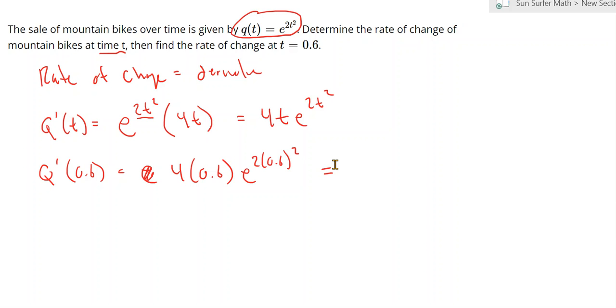And so we could go to Desmos or our handy dandy calculator to finish that off. Take 0.6, square it, multiply it by 2, raise e to that power, multiply 4 times 0.6, and then multiply all those together, and you will have the final answer as a decimal.